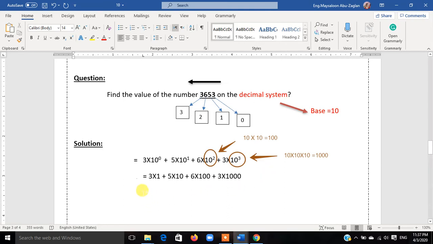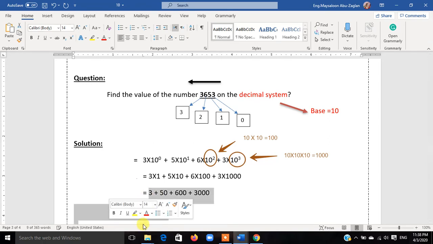Here it will be equal now. 3 multiplied by 1, this is a basic multiplication. 3 multiplied by 1 will be 3, plus 5 multiplied by 10, it will be 50, plus 600, plus 3000. Now, if we add them all together, it will give me 3653.